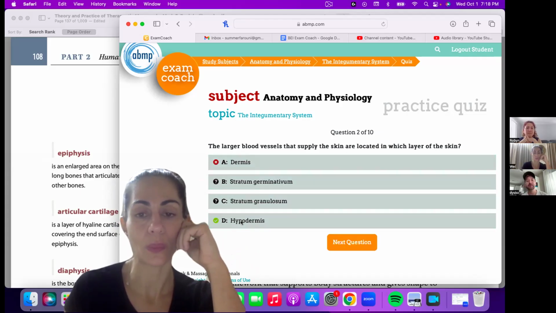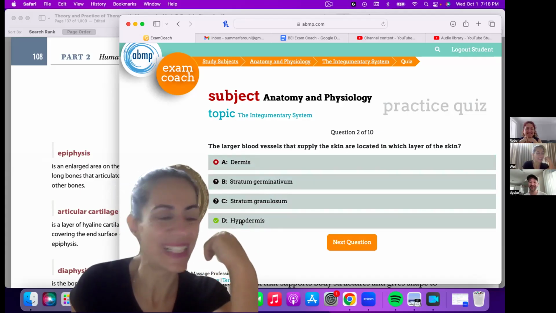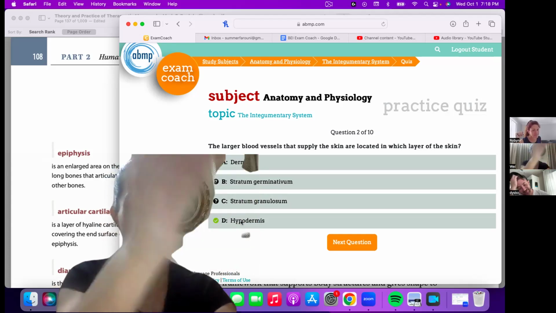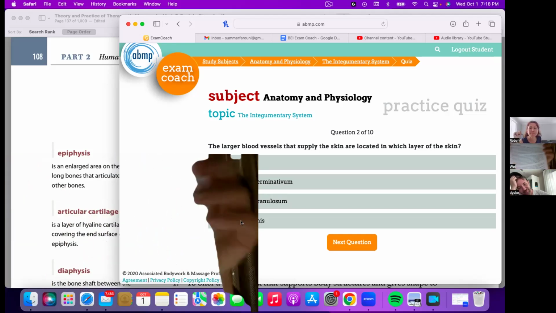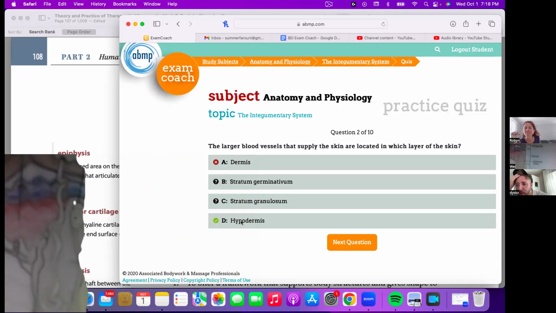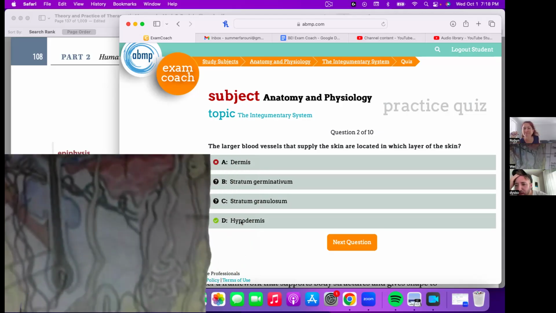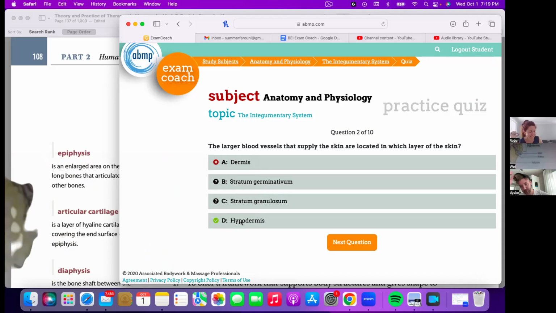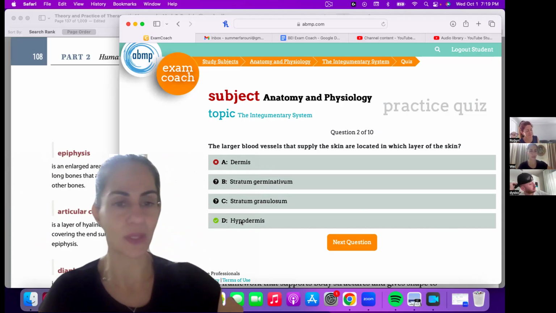Hypodermis. Look at the picture here. Do you see the fat? And you see the vessels coming out, the blue and the red. These are the veins coming out of the fat, so the subcutaneous.